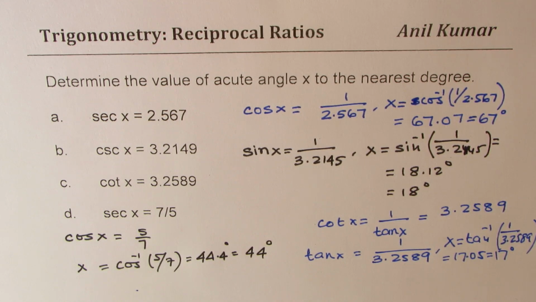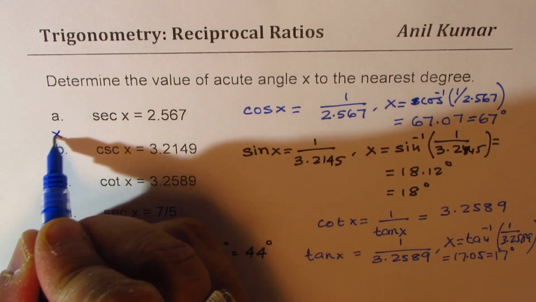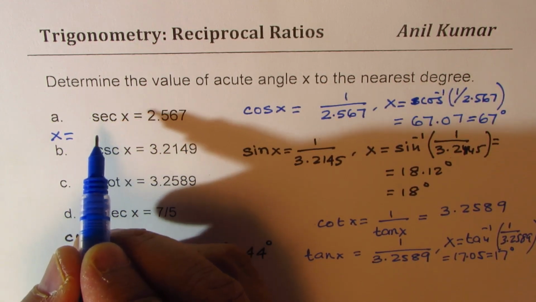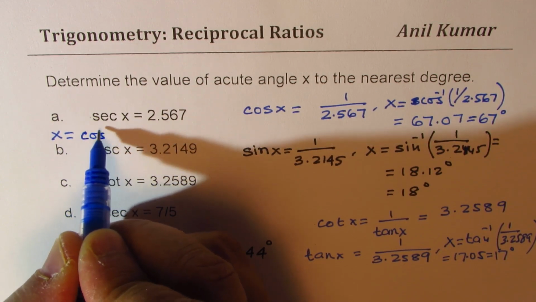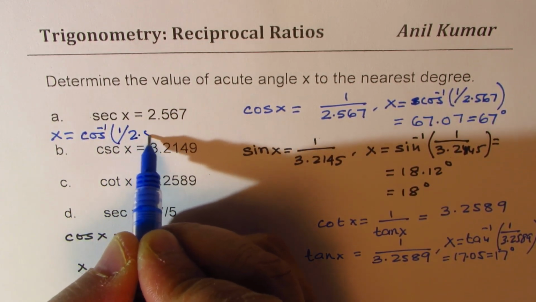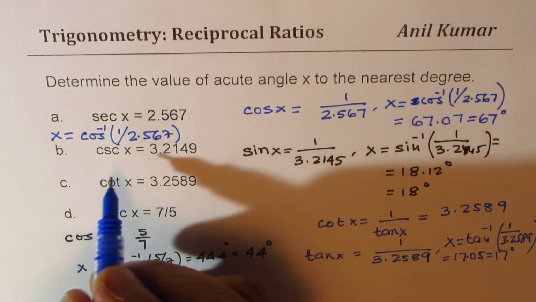I hope the steps are absolutely straightforward, right? So basically, whenever you are given secant, which is the reciprocal of cosine, you can write straight away that x is cos inverse of 1 over 2.567. Use the calculator to find the answer.